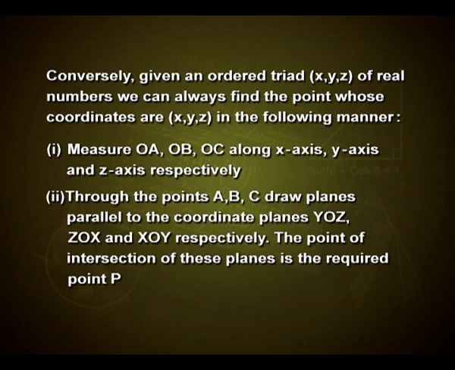Secondly, through the points A, B and C, draw planes parallel to the coordinate planes YOZ, ZOX and XOY respectively. The point of intersection of these planes is the required point P.